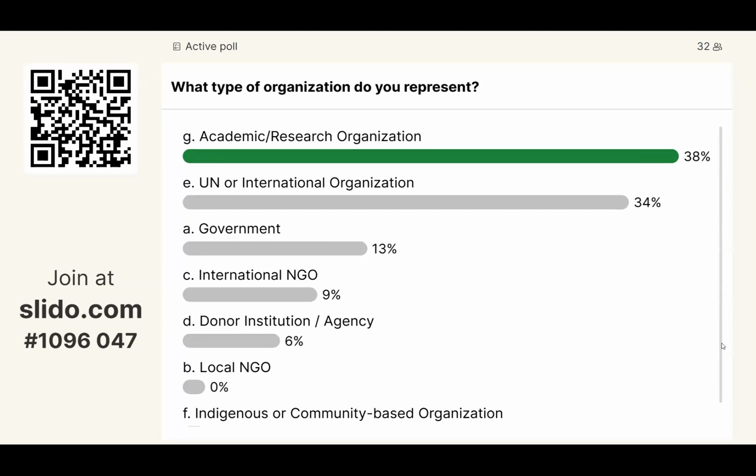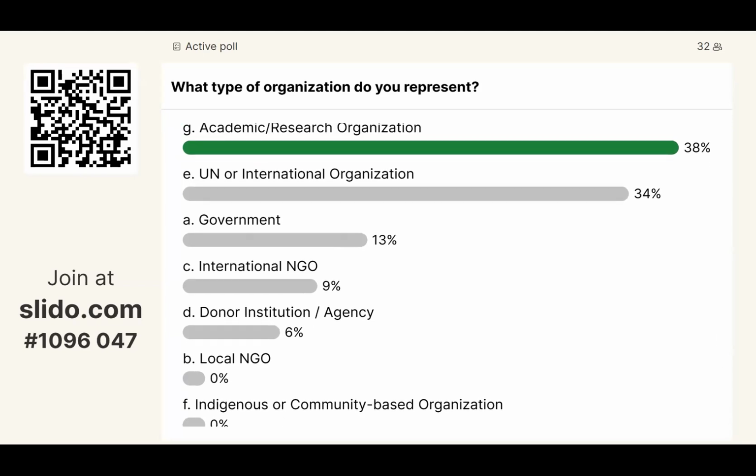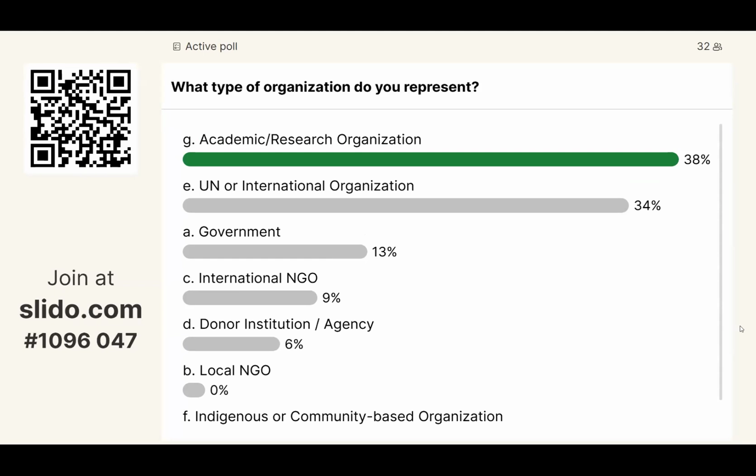We'll give folks a little bit longer, but as you can see, presenters, we have a pretty even mix of academic and UN International Organization folks, as well as a scattering of other folks. Not that you can change your talk now, but this will give you an idea of who you are talking to. Okay, interesting. Well, thank you all for being here and taking part in this one. We have one more.